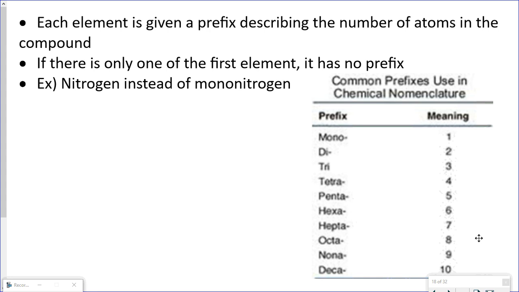Tetra is 4. Penta is 5. Hexa is 6. Hepta with a PT is 7. Octa is 8. Nona is 9. And deca is 10. So feel free to pause if needed and write down these prefixes because we're going to use them with some examples in a moment.